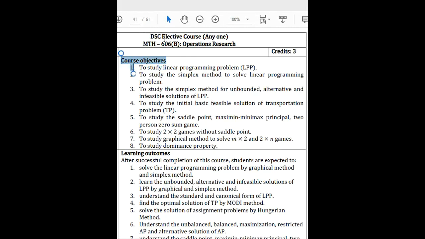In this course, we will study linear programming problem. In short, we write it as LPP.